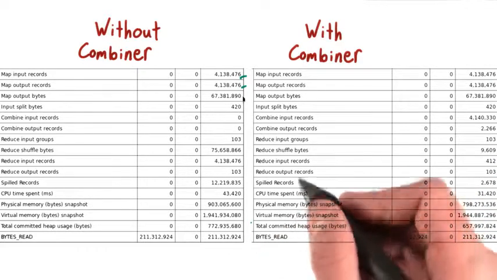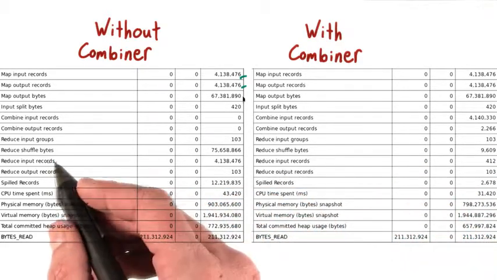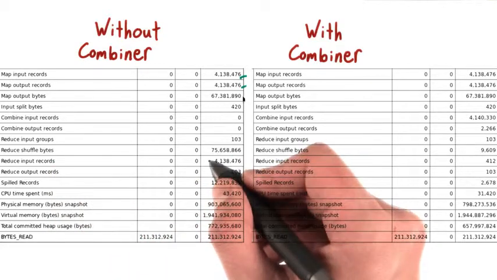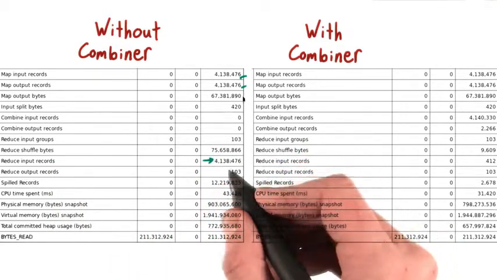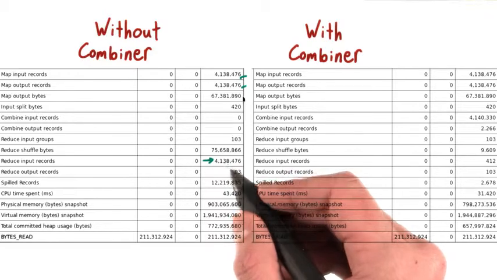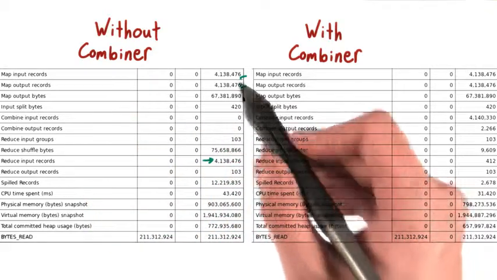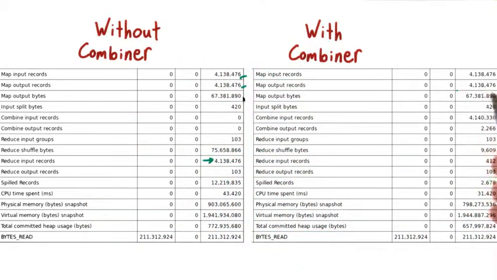In fact, a lot of things look pretty similar. But where things get really interesting is down here at reduce input records. The reducers had to handle the whole 4 million records that the mappers outputted when there was no combiner. But when there was a combiner, these 4 million mapped output records got combined into 412 reduced input records.